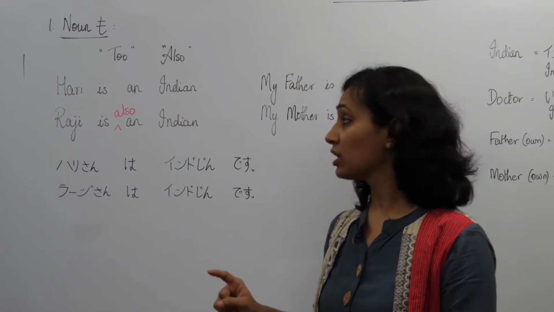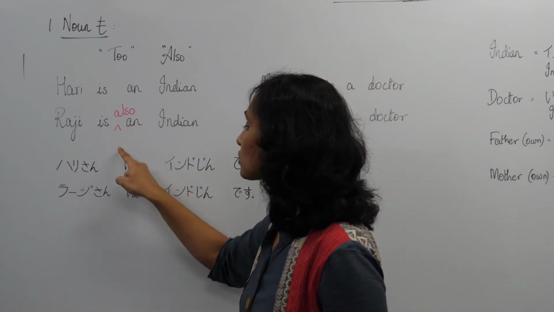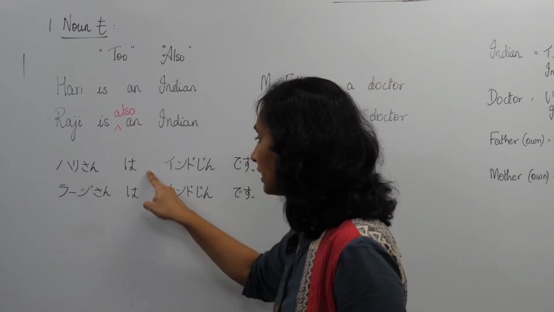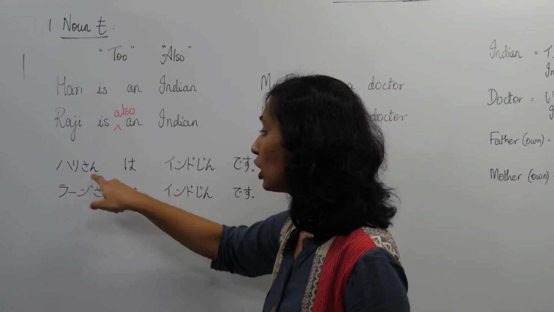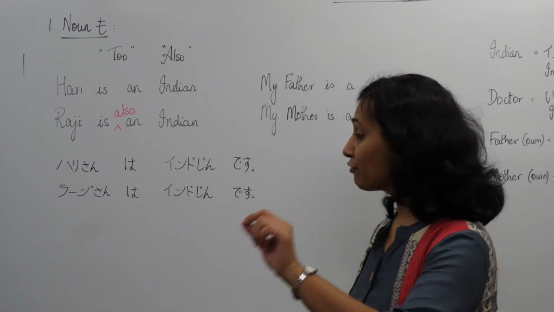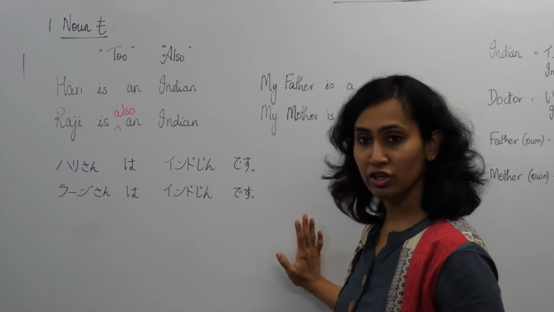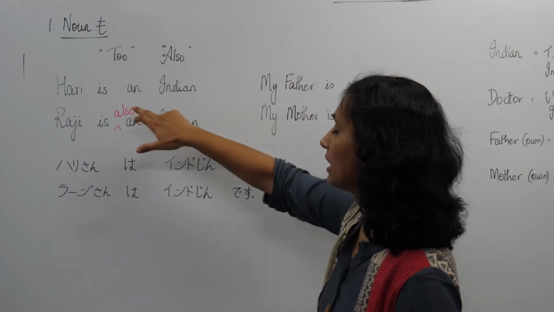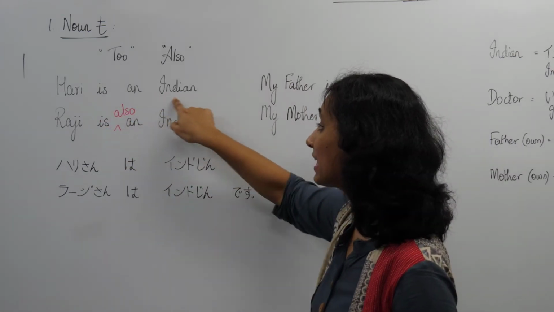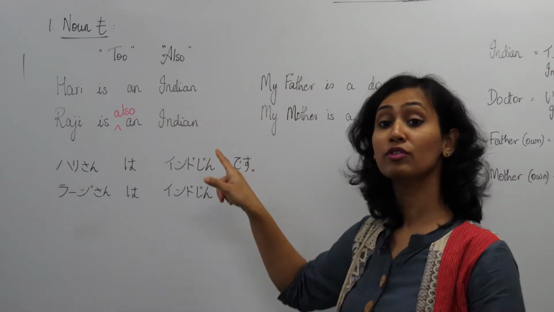Now, the change here is going to be in this particle, which is the wa particle, the particle for the topic. In the first sentence, it remains unchanged: Hari-san wa Indojin desu. Just the same way, in English grammar, we have not changed anything in the first sentence. It's only the second sentence which undergoes a change.